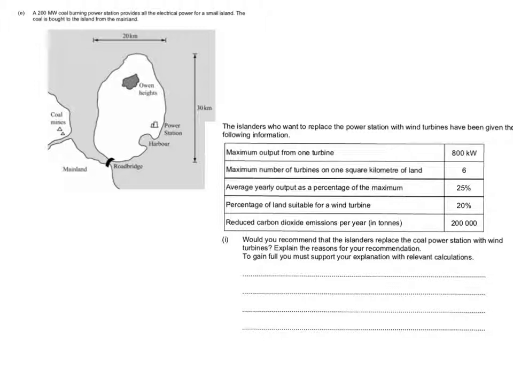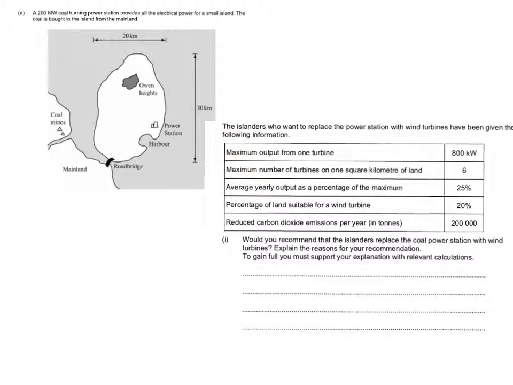We now move on to the hardest question on the paper, in my opinion. It says here, a 200 megawatt coal burning power station provides all electrical power for a small island. The coal is brought to the island from the mainland. You can see you've got a diagram here where it is 20 kilometres across and 30 kilometres down. You can see the coal mines over here, and this is the island.